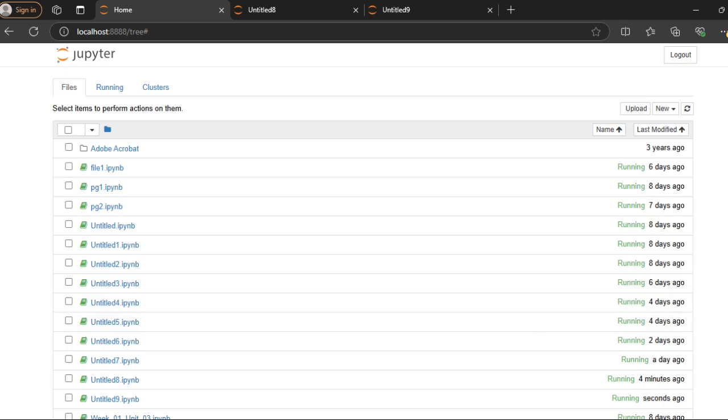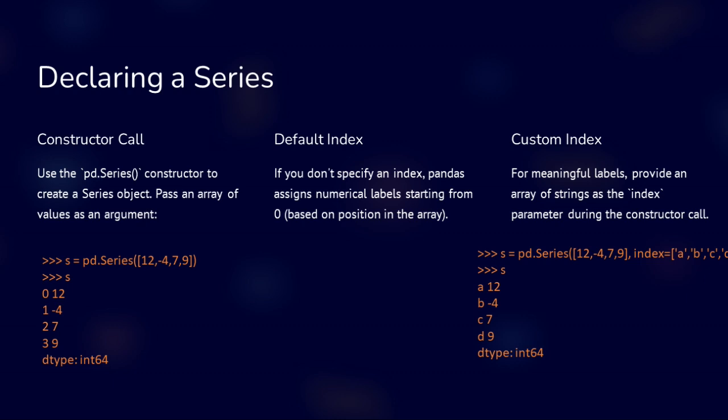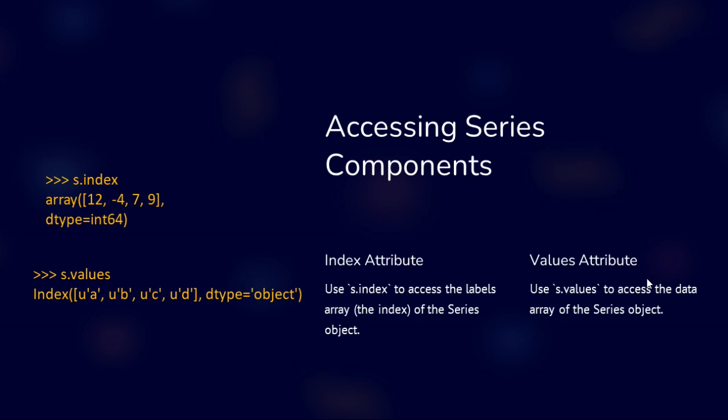So just to quickly revise, in this session we've learned how to create a pandas series. We learned how to make a constructor call called pd.Series. We gave arguments to the constructor call, only values at first, then we also gave labels. So a series is basically going to have just two columns: one would be the value and the other one would be the index. It can have a default index or you can customize your index.